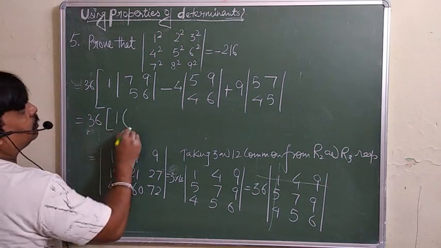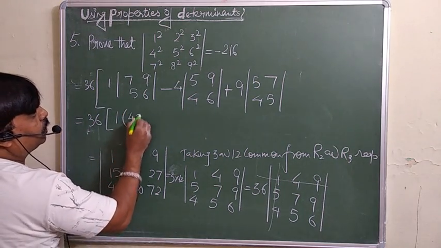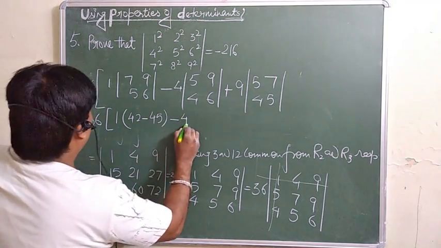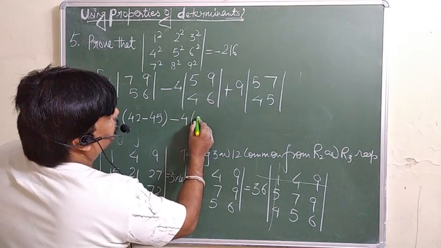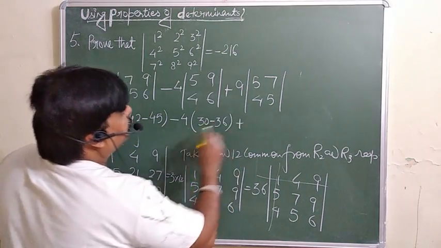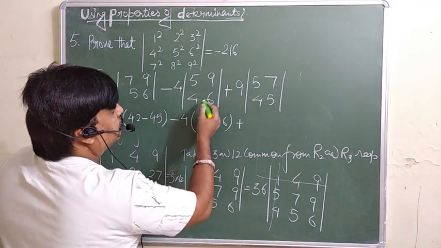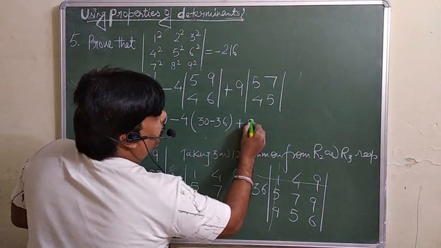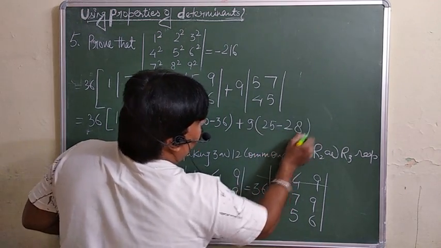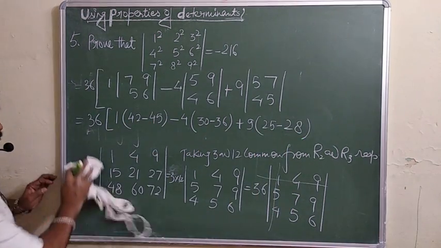Here you will get 42 minus 45, then 30 minus 36, then 25 minus 28. You can solve this.